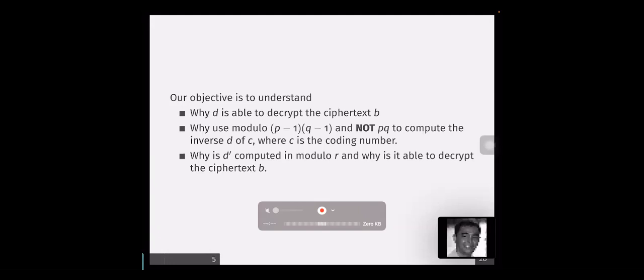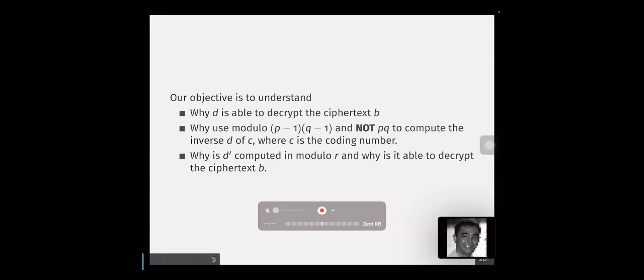So if you know P minus 1 and Q minus 1 and C, then you can compute the number D using an algorithm called the Euclidean algorithm. And once you get that, you can then decrypt. But it is really hard to get P and Q.